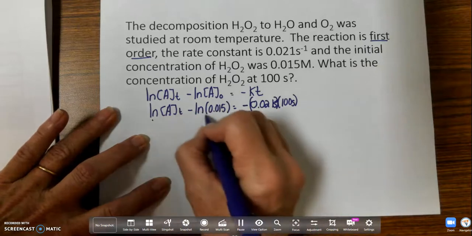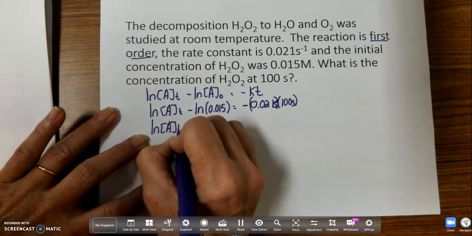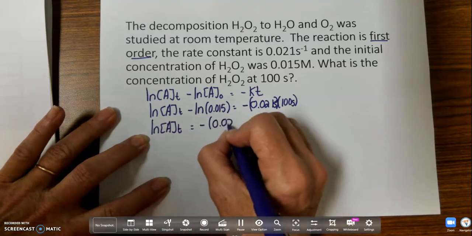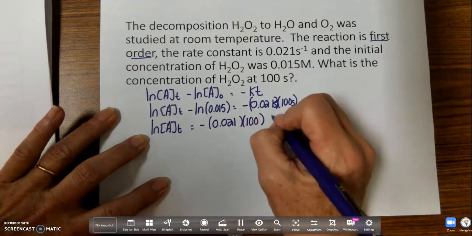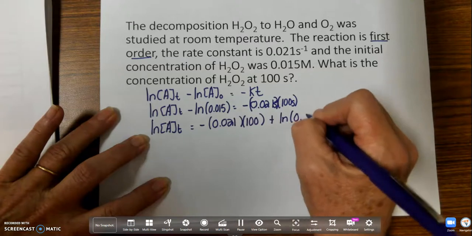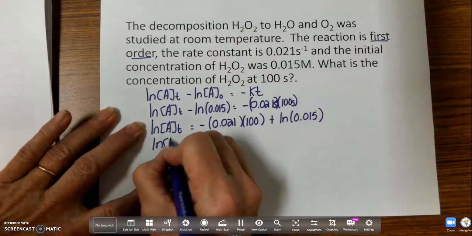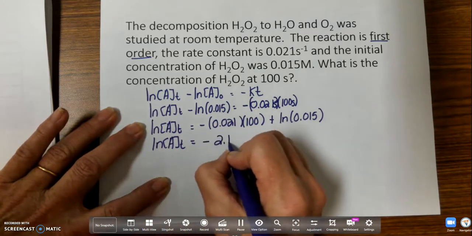Let's move this one over so I can get this by itself, is equal to a negative 0.021 times 100, plus the log of 0.015, right? Cleaning that up further, I get a negative 2.1.